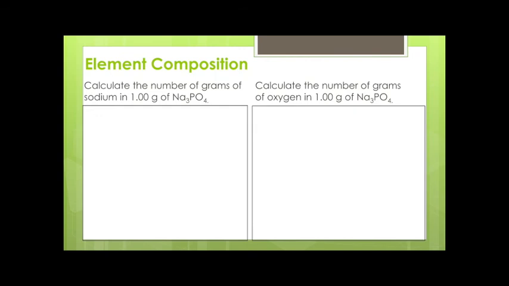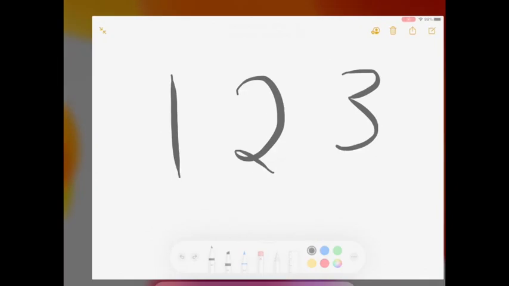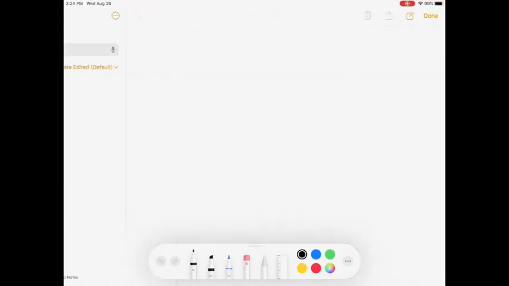So it says calculate the number of grams of sodium in 1 gram of sodium phosphate. I'm actually going to come over here and do that. So if I have 1 gram of sodium phosphate, we want to know how many grams of sodium we have.